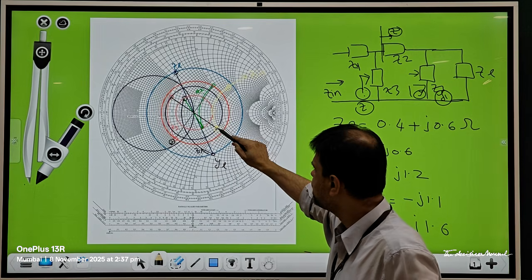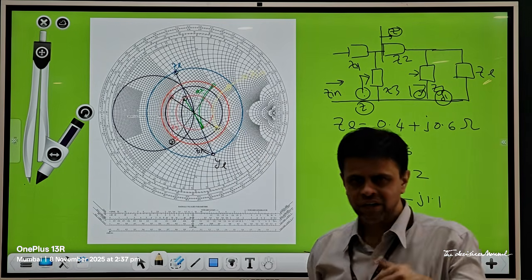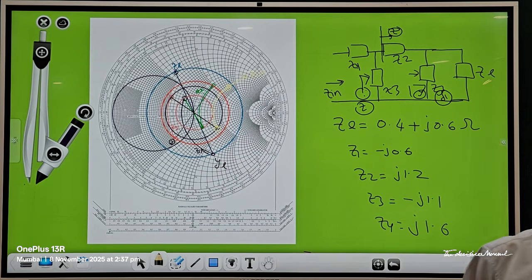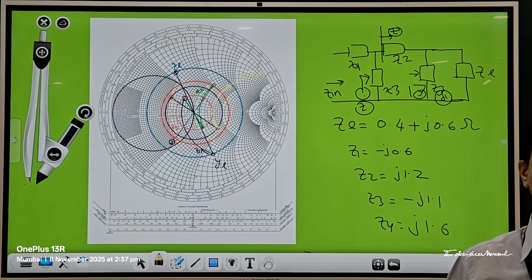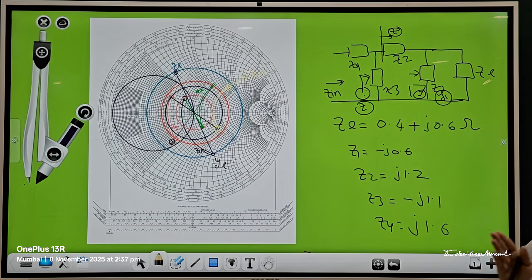So after taking a diametrically opposite point, you locate the corresponding R circle. So the impedance will be 1 plus or 1 minus jx. Not 1, I should say. Maybe in the earlier discussion also, if I mentioned 1, please don't take that as 1. It is basically the respective constant R or constant G, which is treated as a constant R circle.